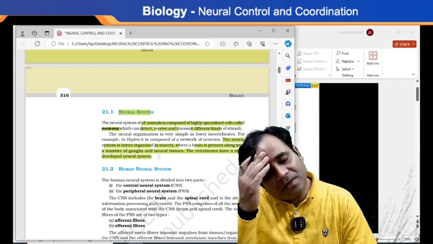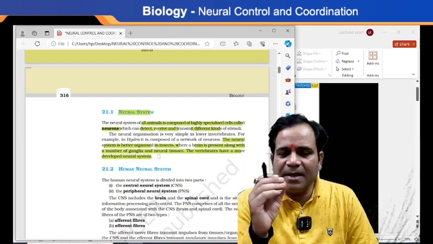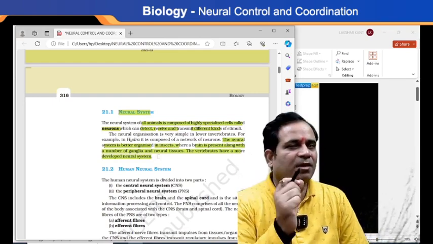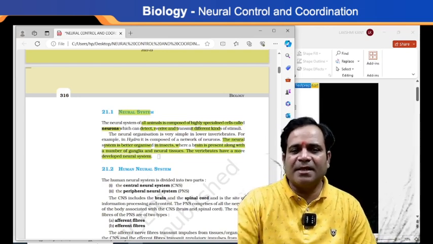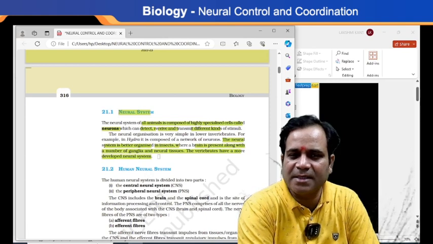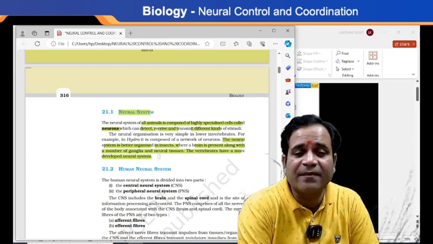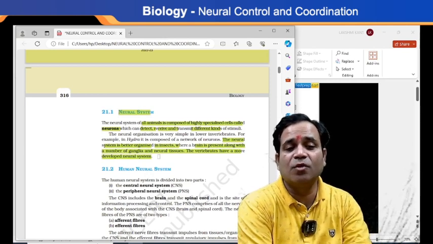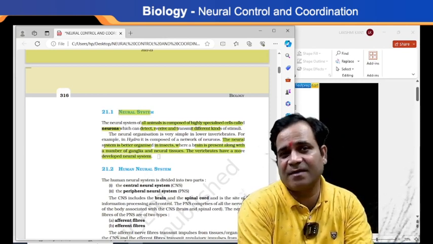This developed neural system bears any change within the body, and that change is transported with the help of the human neural system, my dear. And we all know that the human neural system is classified into two parts: one is the central nervous system, the second is the peripheral nervous system.